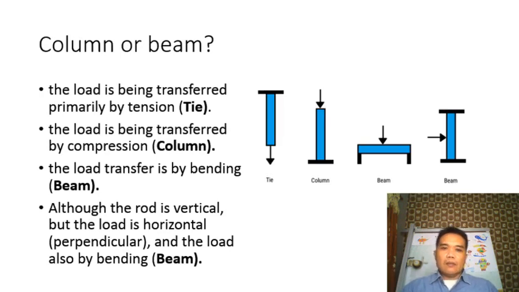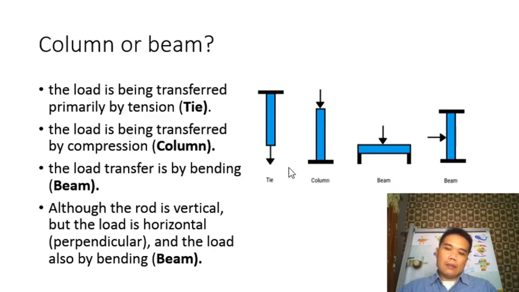And the next is the matter of column or beam. So from the previous explanation, we may understand that if the load is being transferred primarily by the load working in the axis, we may have a column, but of course this load will work as a compression.